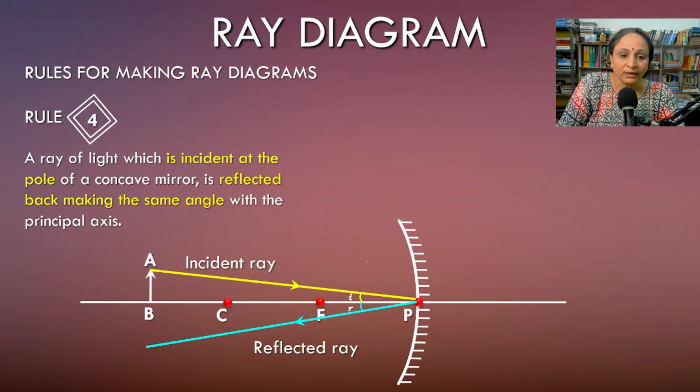Whatever angle the incident ray makes with the principal axis, the same angle will be made by the reflected ray, the way it is shown in the figure. These are the basic 4 rules. To make any kind of diagram, you are going to use only these 4 rules, none other than that.